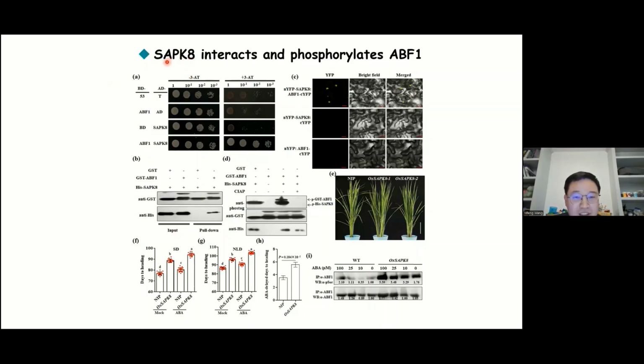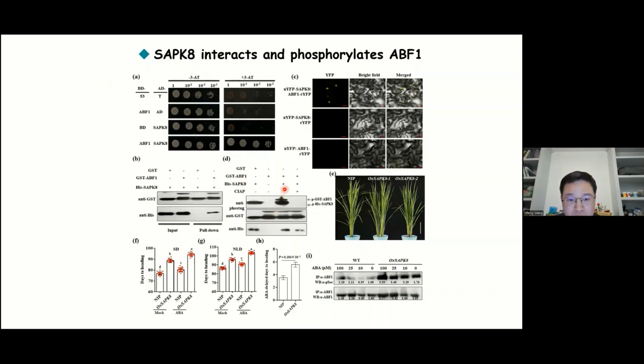Okay. Next, we found a kinase, SnRK2 family kinase, SAPK8, could interact with ABF1 through yeast two-hybrid, BiFC, and in vitro pull-down assay. And we also performed an in vitro phosphorylation assay and found SAPK8 indeed phosphorylates ABF1.